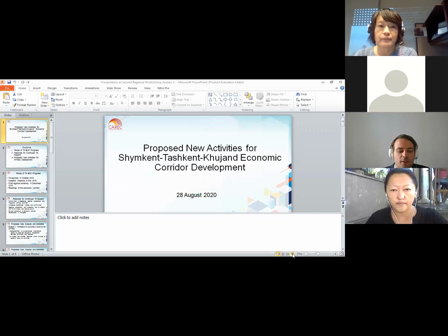and we have to have this difficult task of prioritization and reducing the aspirations under this corridor to something that is really achievable.